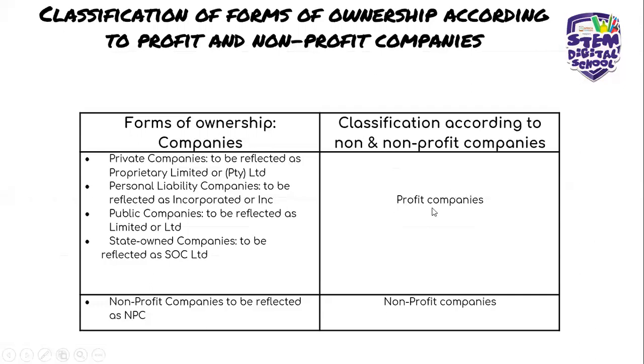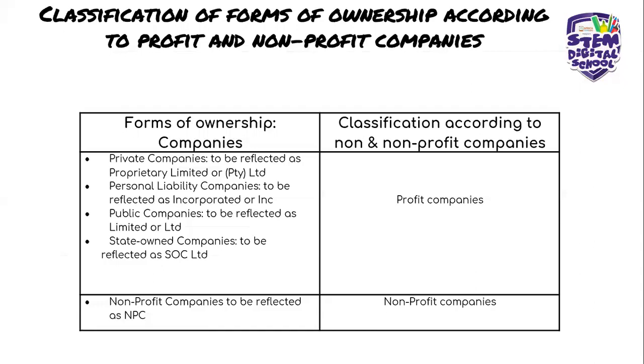Therefore, it's part of your profit-making companies. Your public companies should be reflected as limited or LTD. Even your state-owned companies, boys and girls, to be reflected as SOCs, are regarded as profit companies. So it's very important to know whether it is a profit company or a non-profit company.